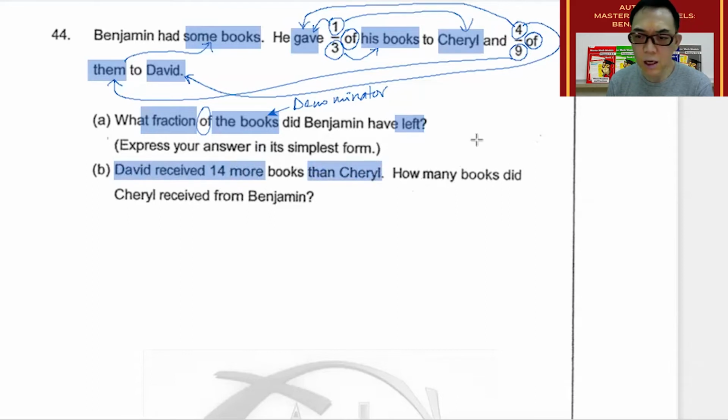Part B says, David received 14 more than Cheryl. And the question is, how many books did Cheryl receive from Benjamin? So, the first thing we need to determine for questions like this is, are there any numbers that represent the same thing? Here, it says that 3 is his books. 9 is them, which is again his books.